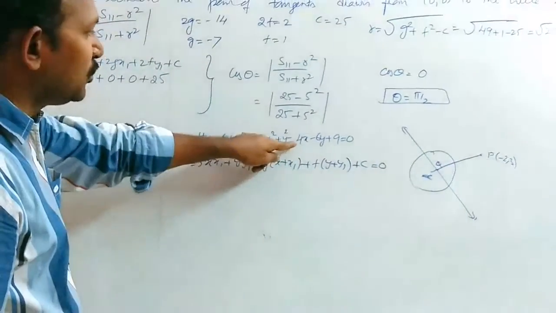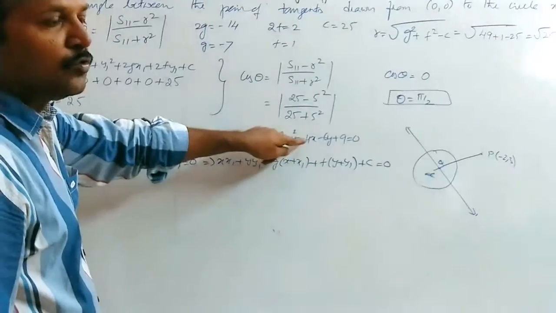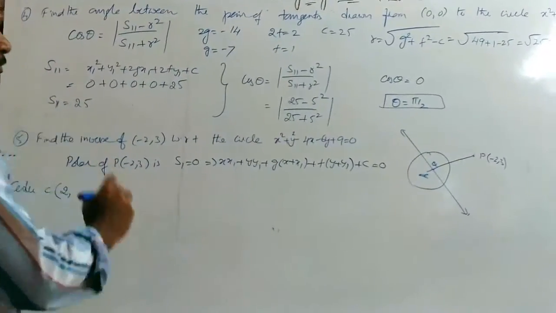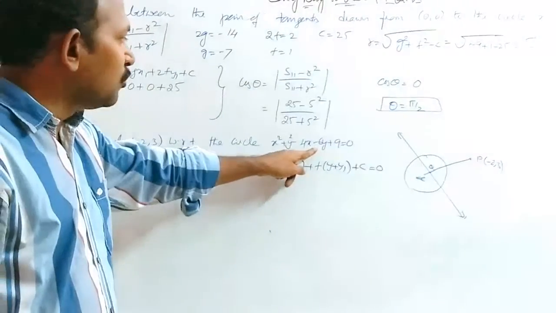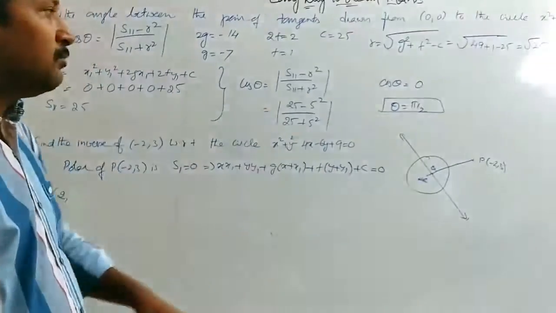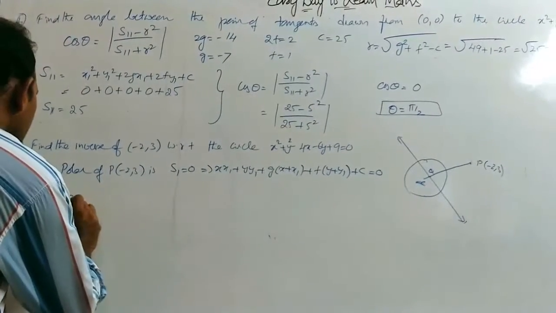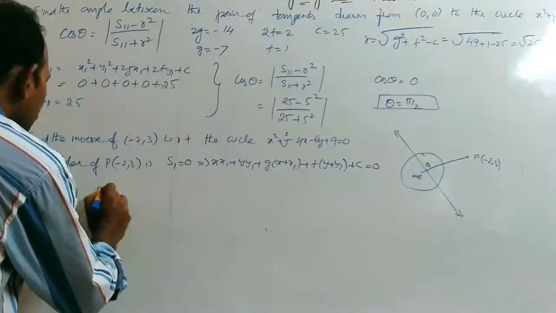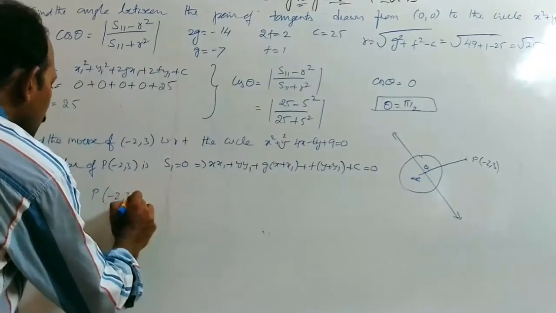Here 2g = −4, then g = −2, so −g becomes 2. And 2f = −6, then f = −3, so −f becomes 3. Therefore the center is (2, 3). The given point is P (−2, 3).